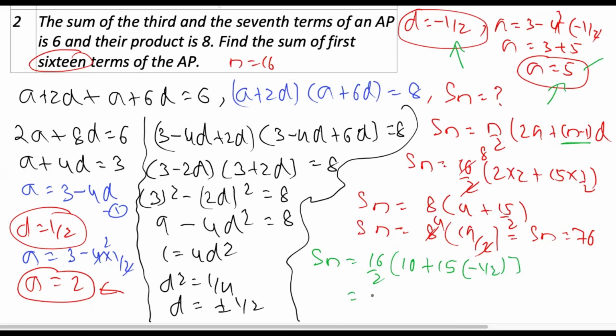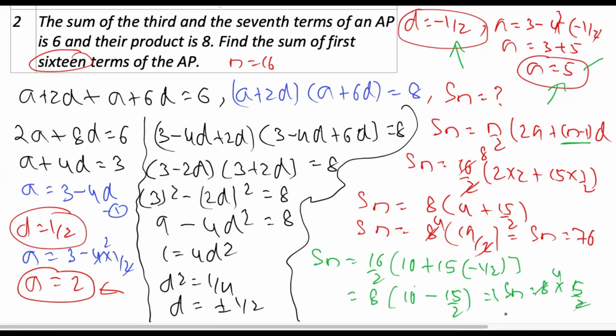So this is 16 over 2, which is 8, bracket 10 plus, this is not plus, it will be minus this time. Plus minus is minus, 15 over 2. Continuing with the working, I get 8, and over here 20 minus 15, that is 5, so 5 over 2.